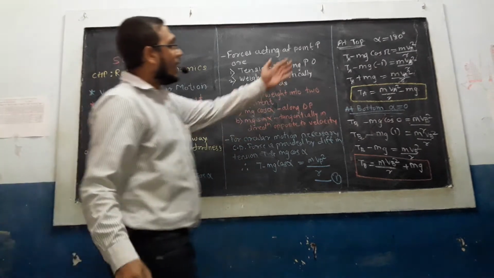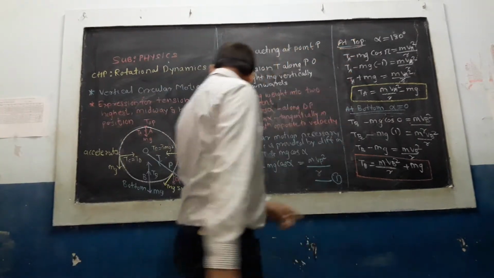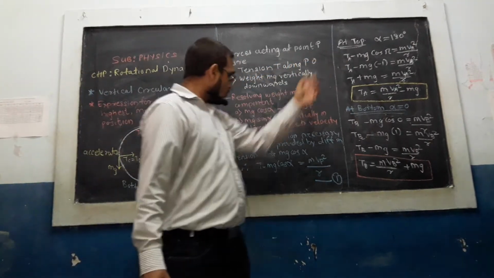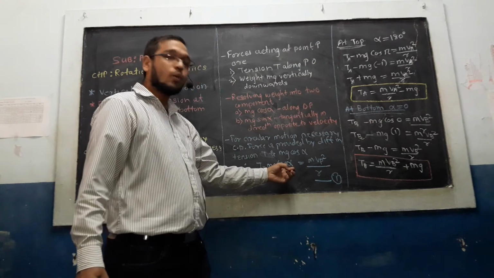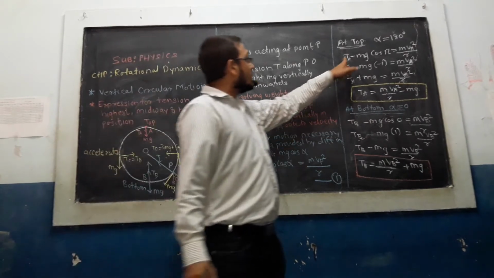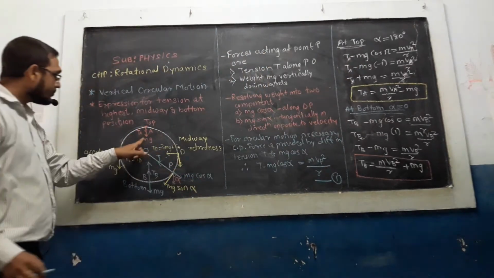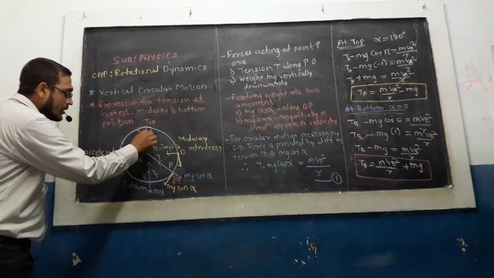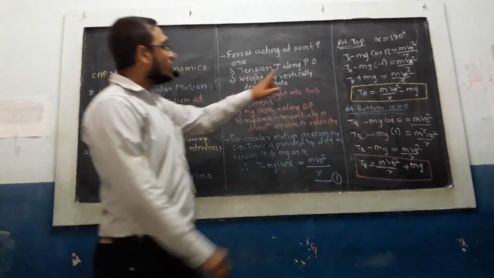So at the top, what is the angle traced by alpha? It is 180 degrees, which is pi radian, so we put alpha equal to pi here. As the particle is at top, the tension is denoted by TA.